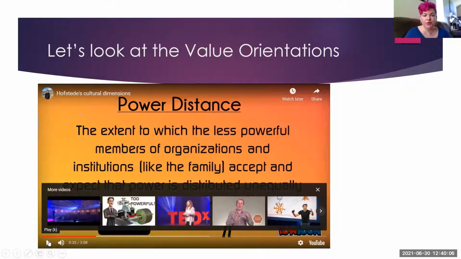So the power distance one, it's who has more power and how they use that power versus ones who don't have as much power. So we're talking about business organizations, families, community, the power distance between those who have it and those who do not.